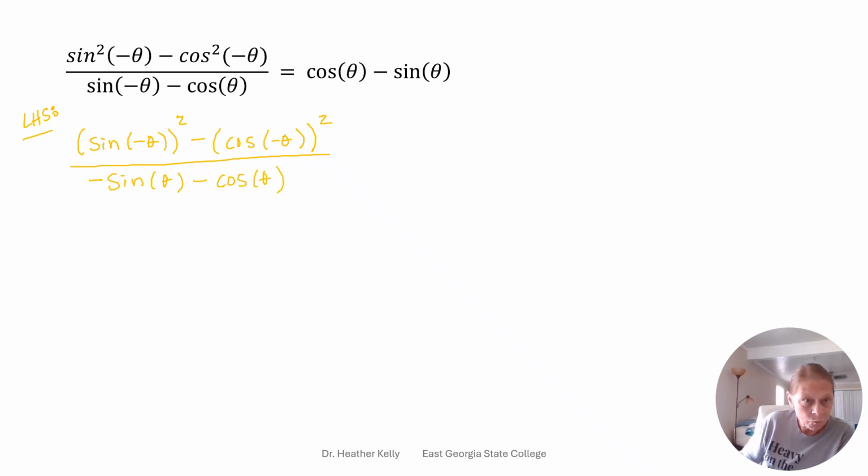Right, let's keep on working with that. So we know that that just turns into sine squared theta minus cosine squared theta over, and I'm going to pull a negative out here.